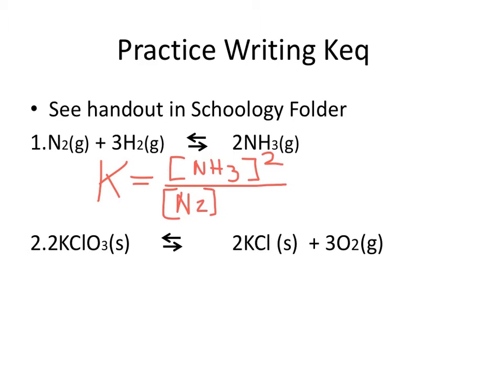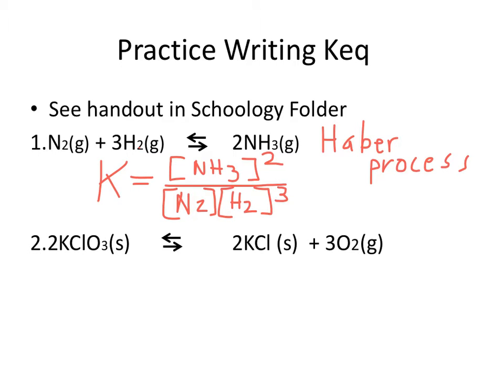And these would be represented in terms of molarity or the appropriate units for pressure. So we have N2. We also have hydrogen as a reactant. And there is a coefficient of 3 in front of hydrogen, so 3 will become the exponent. So that is what the equilibrium constant expression looks like for this first reaction, which is called the Haber process. And this is used for making ammonia and subsequently fertilizer.